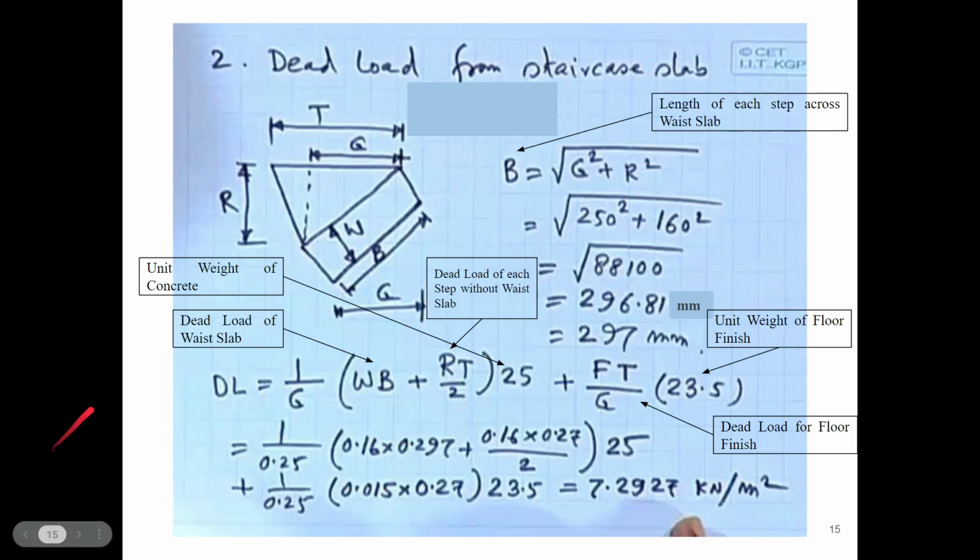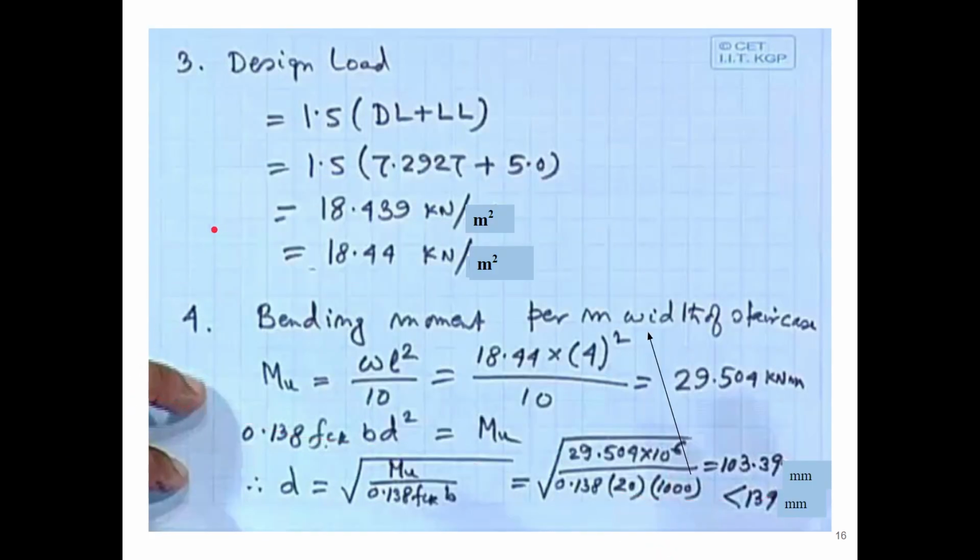So substituting the values, we get the dead load as 7.2927 kilonewton per meter square. The live load was given as 5 kilonewton per meter square. Adding both the loads, we get the characteristic load as 7.2927 plus 5, which is 12.2927 kilonewton per meter square.